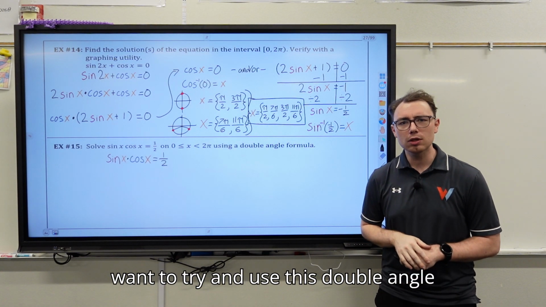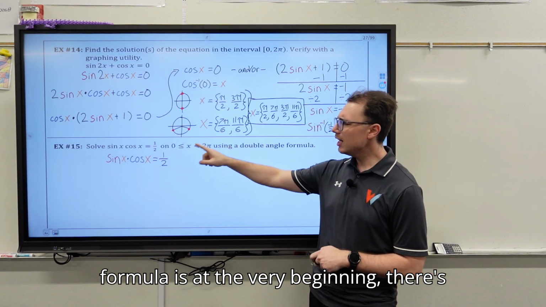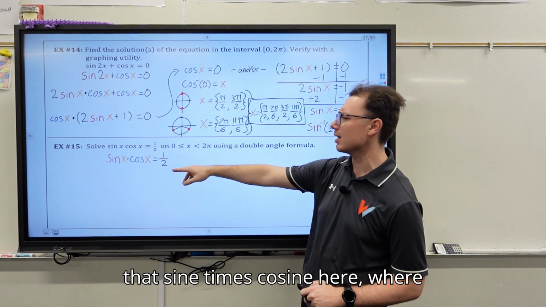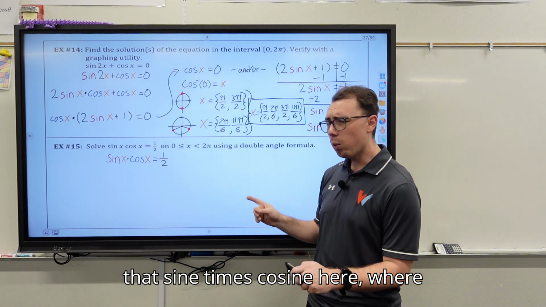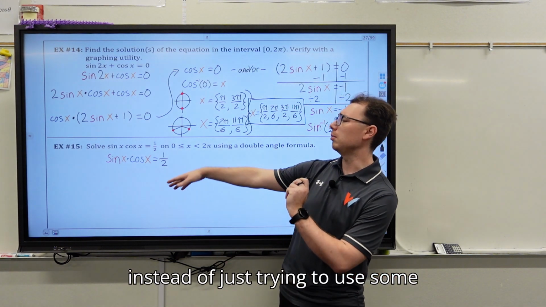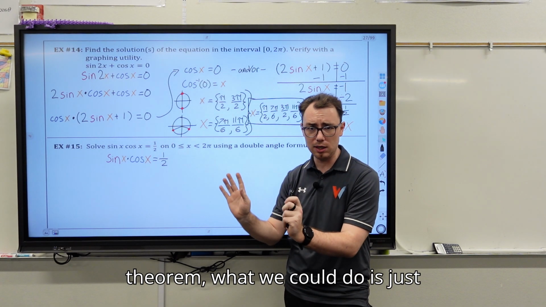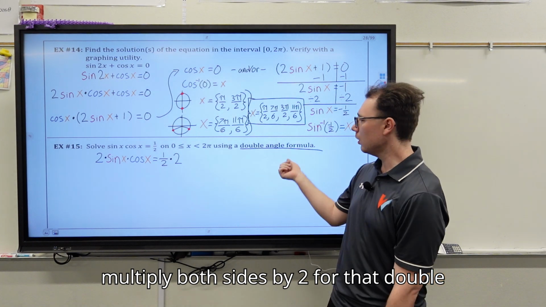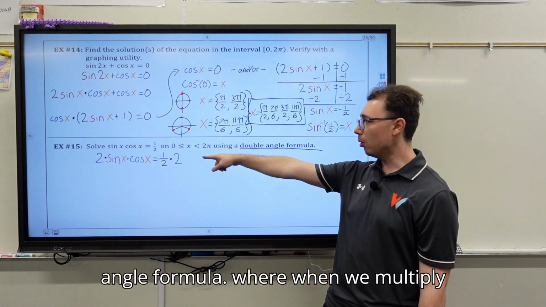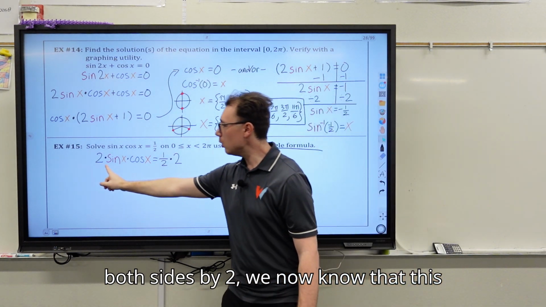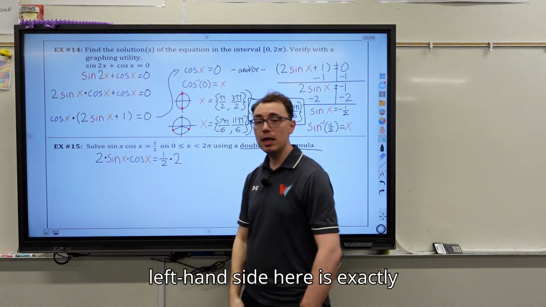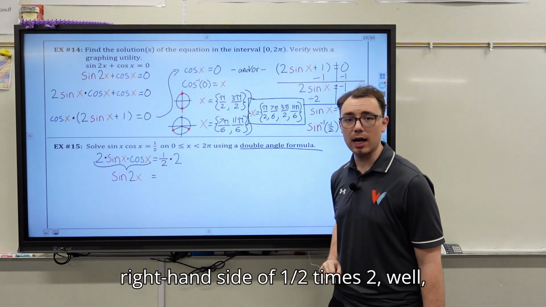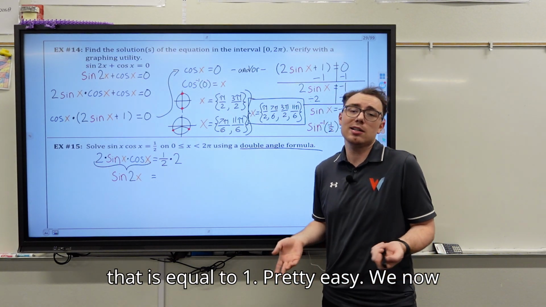The reason is that at the very beginning, there's no real easy way to solve that sine times cosine, where instead of trying to use some tangent or cotangent or some weird theorem, what we can do is just multiply both sides by 2 for that double angle formula. When we multiply both sides by 2, we now know that this left-hand side is exactly equivalent to sine of 2x. And that right-hand side of 1/2 times 2, well, that's just equal to 1.